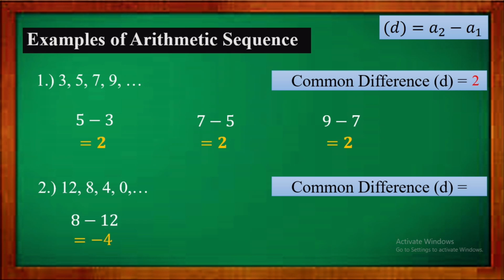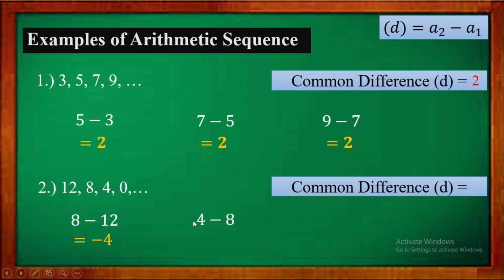Again, operation of signed numbers: when we are subtracting two numbers with different signs, 12 minus 8 is 4, and we all know that 12 is higher than 8 and its sign is negative. That is why our difference is negative 4. Next consecutive terms, we have 4 and 8.